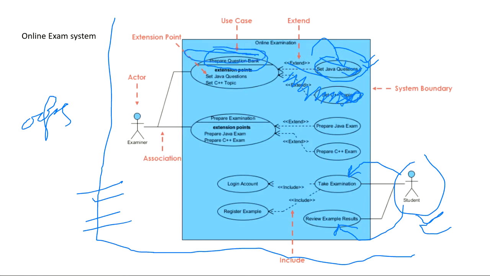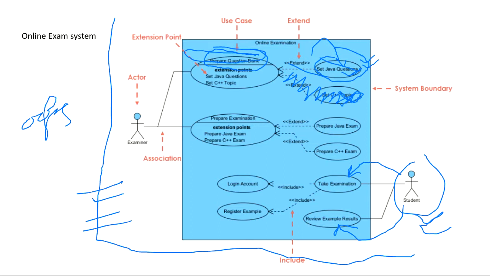Or if the statement says something like this, that there is an examiner who is creating a question bank and he is including some logical reasoning questions and some Java questions also, and every paper has a different combination of both of them. So now to solve this kind of statement, you need to use this extend two times.